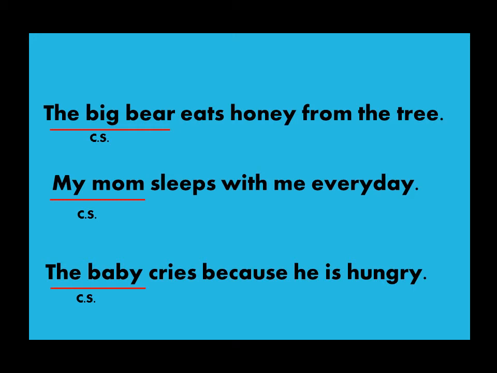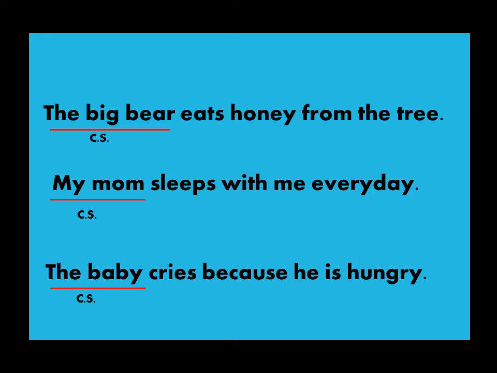Then we have our second sentence. Can you please help me read it? My mom sleeps with me every day. Let's read it again. My mom sleeps with me every day. Remember, to make it easier to identify the complete subject, we always need to ask the question: who sleeps with me every day?